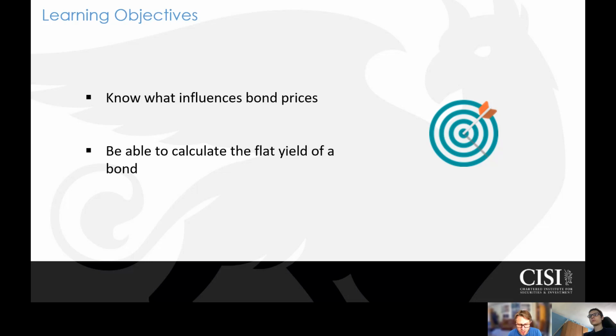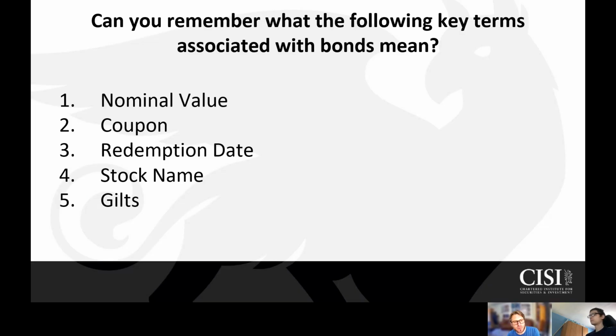So before we get on to the session at large, we just wanted to have a quick recap on what we covered off in the previous session, primarily about the terminology around bonds. So what I want you to do is, if you pause this recording as you look at this slide, just write down the definitions as you can remember them for 1, the nominal value, 2, the coupon, 3, the redemption date, 4, the stock name, and 5, gilts.